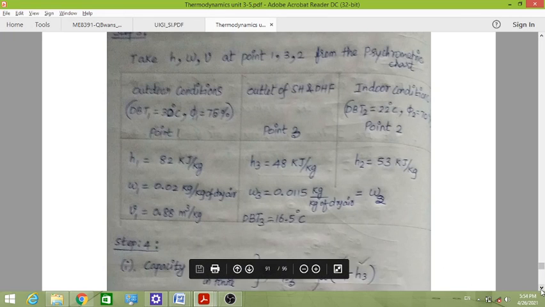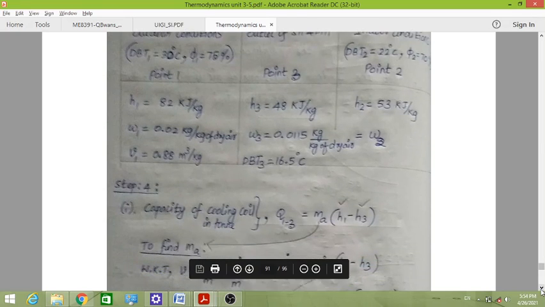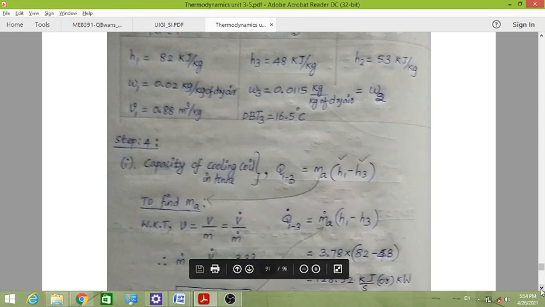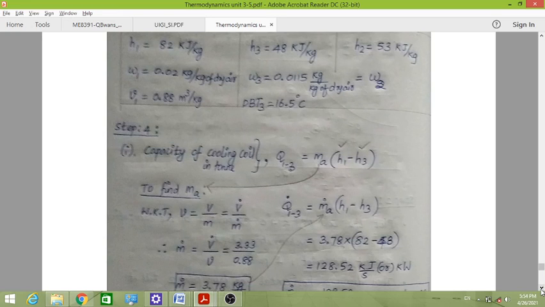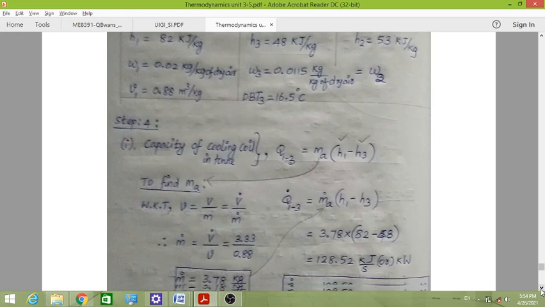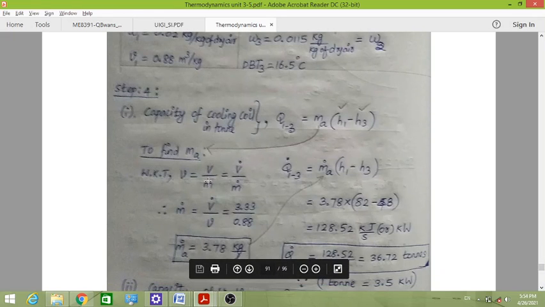Step 4, capacity of cooling coil. The formula: Q123 is m_a into (H1 minus H3). H1 is found from the psychrometric chart as 82, H3 is 48. m_a you can get from V dot by small v. V dot you already know, 3.33, and small v is the V1 value, 0.88.